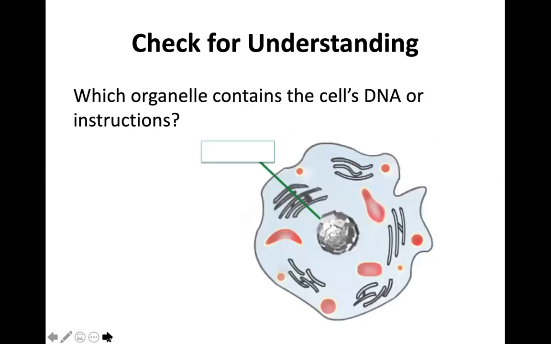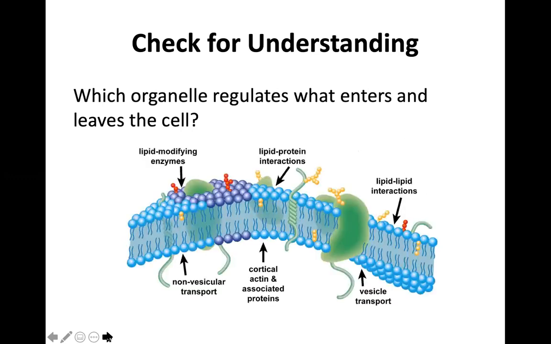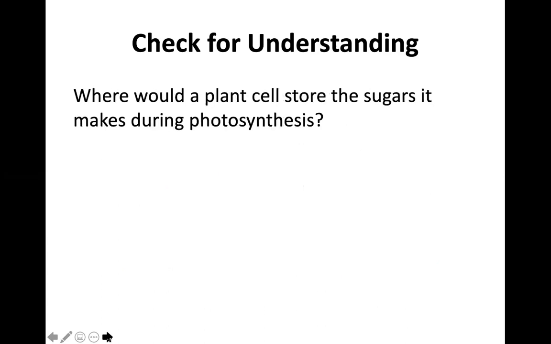Which organelle contains the cell's DNA or instructions? The nucleus. Which organelle regulates what enters and leaves the cell? The cell membrane, that's right. And it's made of what macromolecule? Lipids, the phospholipid bilayer. We'll also talk about some other macromolecules that are found in there as well.